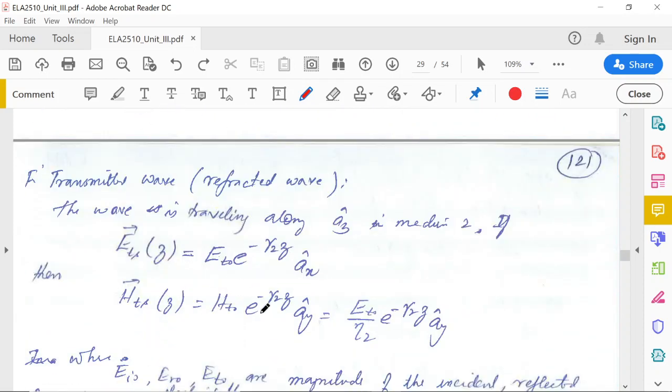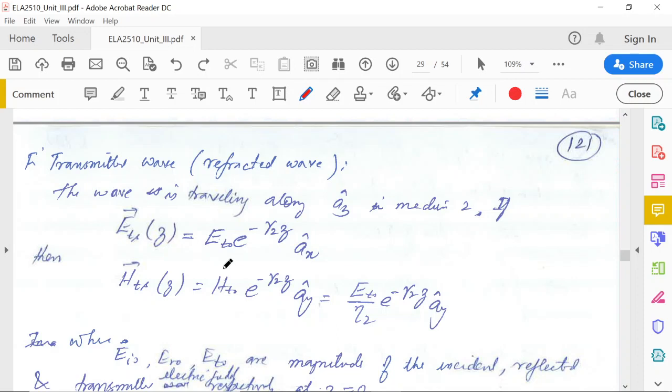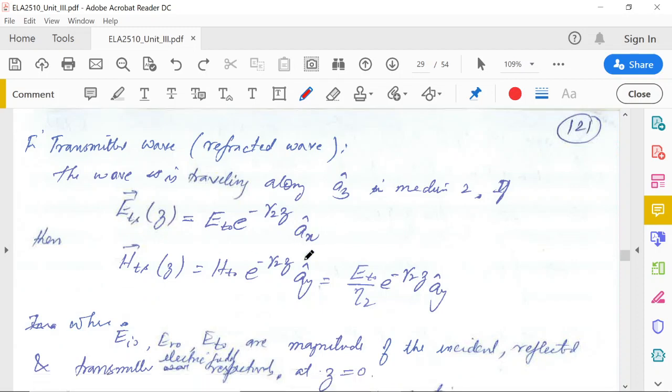For the transmitted wave, again we can use a phasor form, and what we have is ETS Z, again ET naught. The direction of propagation is along the positive Z direction, so it will be negative. However, gamma 2 will be different here because the medium is different, so it will be a different parameter. Again, it will be alpha 2 plus j beta 2 here. Now the direction of the electric field will be AX, it will remain the same.